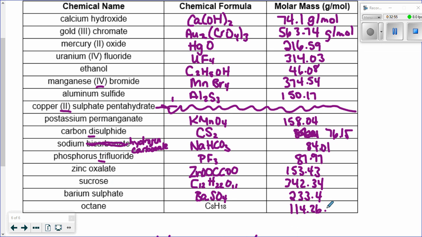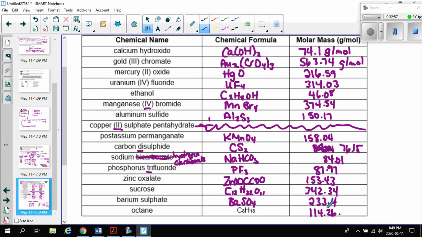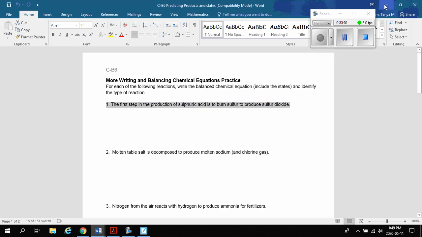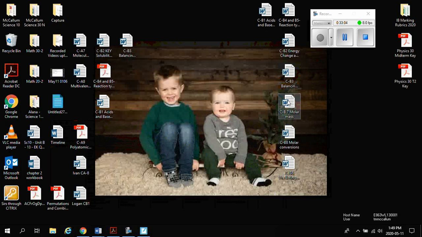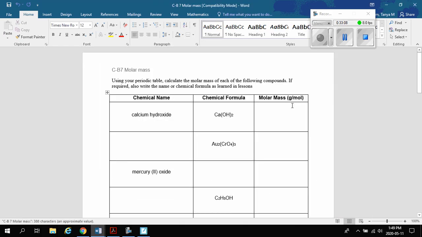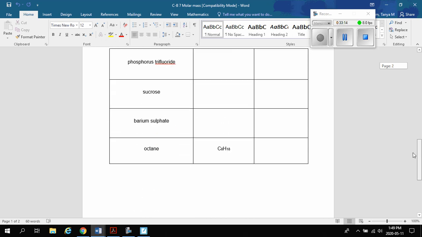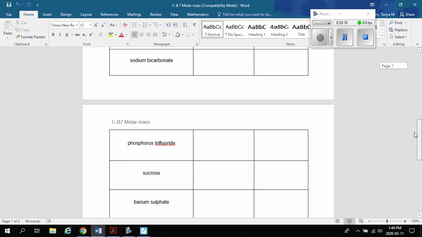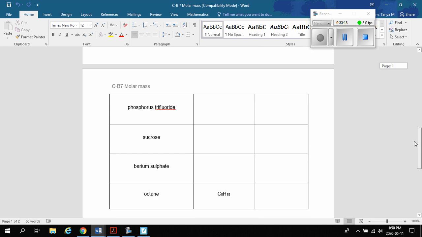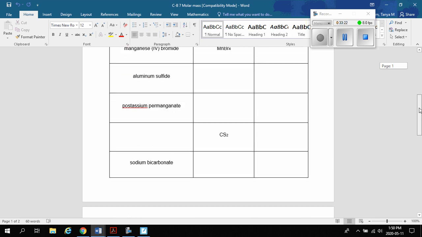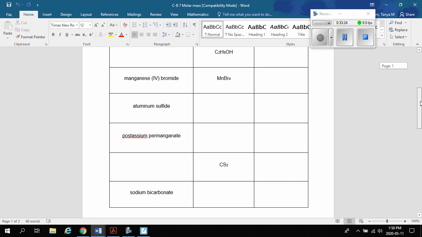So now you have your next worksheet, and it's kind of the same idea as we just had there, calculating the molar mass of all of these. So now that you've done the practice and you know what you're doing, you can figure out the formulas and molar mass. Oh man. I'm a doofus.